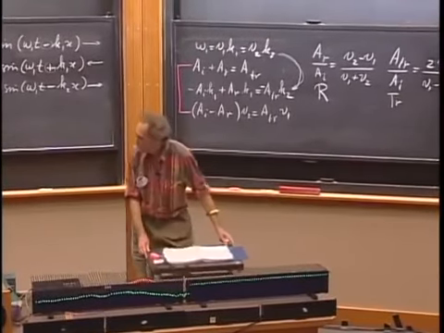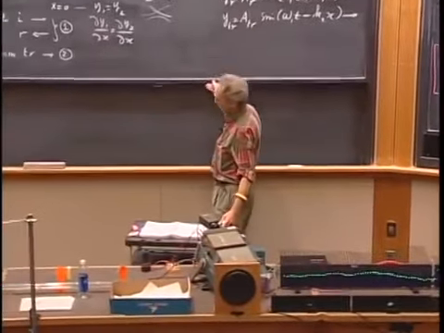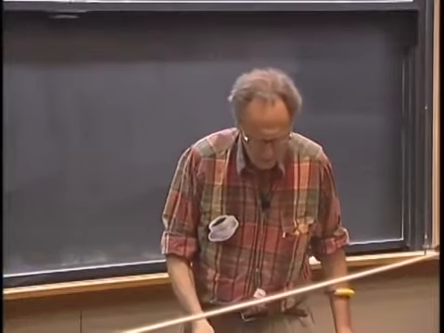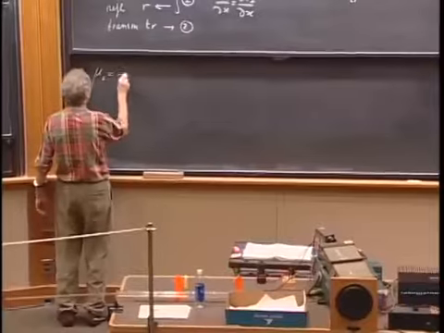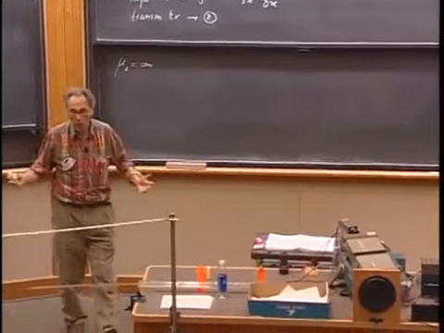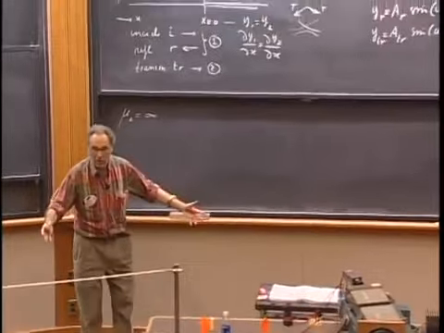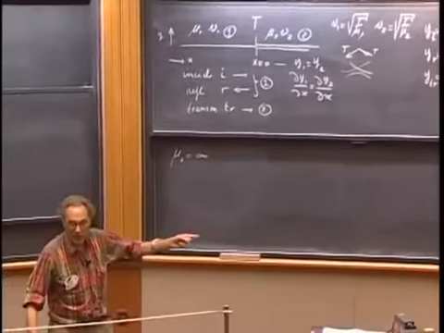We can now do some interesting examples, and you will begin to understand what is happening here. Take an example, for instance, that mu2 is infinitely large. That's a wall. In other words, that second string is a wall. If that second string is a wall, you better believe it, that point cannot move.